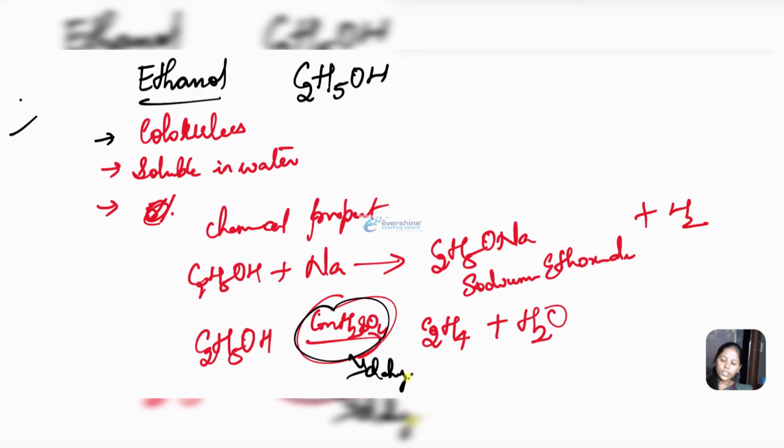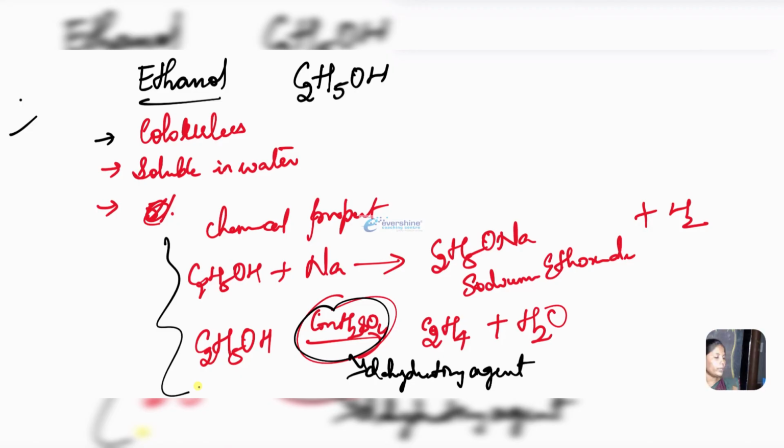It will remove the water from the ethanol. Okay, so these are the two chemical properties. When you add sodium to ethanol, sodium ethoxide forms; when you add concentrated H2SO4 to ethanol, it will form ethene by removing the water.